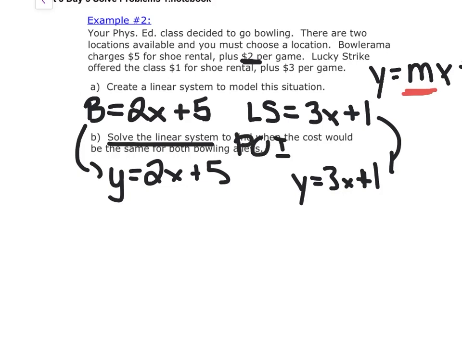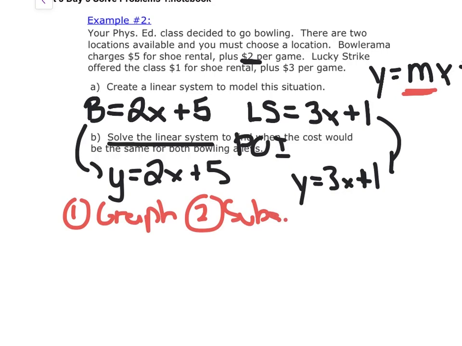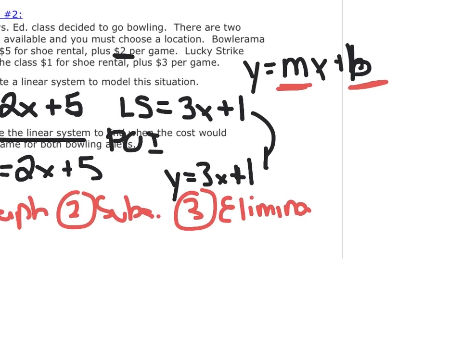What we have to choose is: are we going to graph it, use substitution, or elimination? Really it's going to come down to what you feel comfortable solving it with.